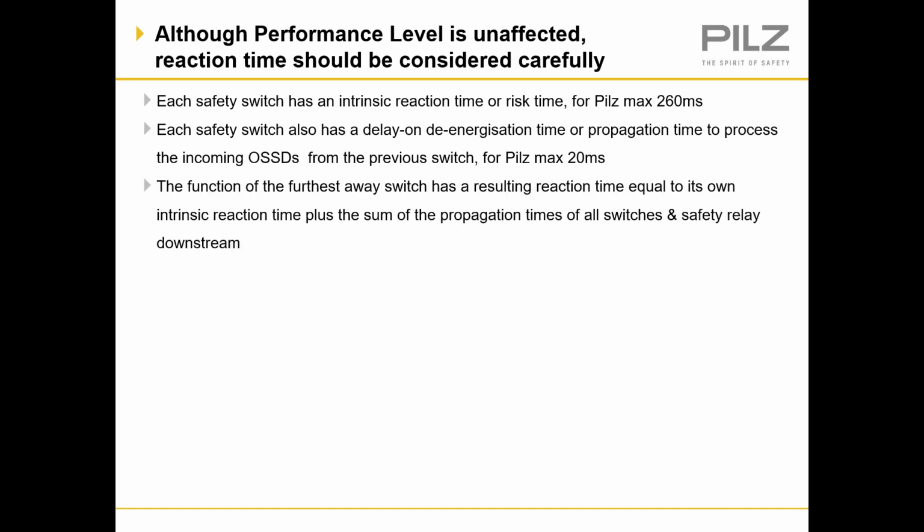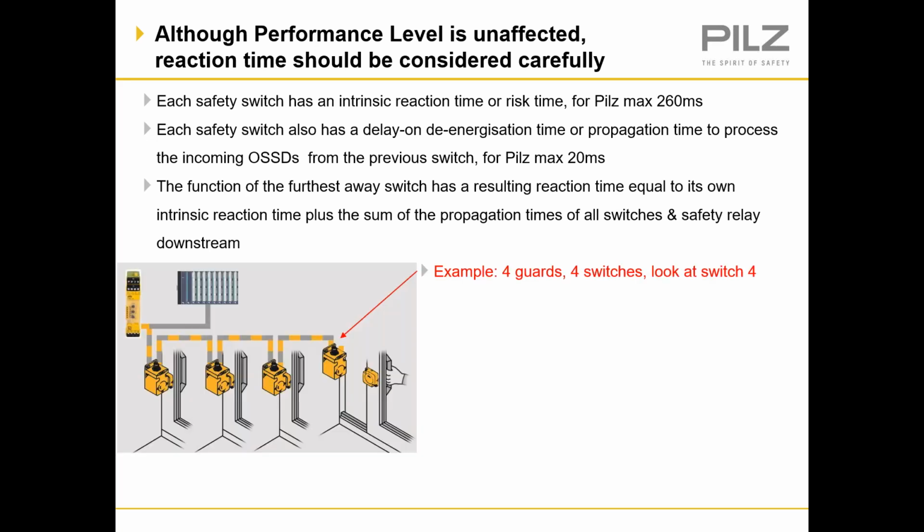The function of the furthest away switch has a resulting reaction time equal to its own intrinsic reaction time plus the sum of the propagation times of all the switches and safety relay downstream. An example of this: here are our 4 switches, here's our safety relay.